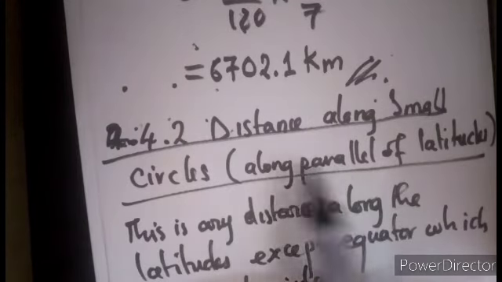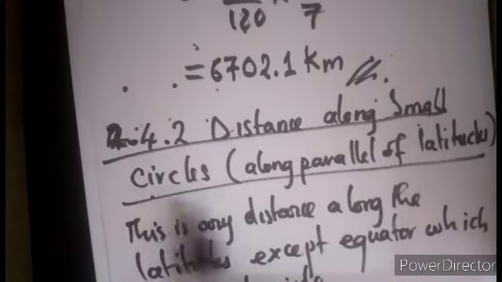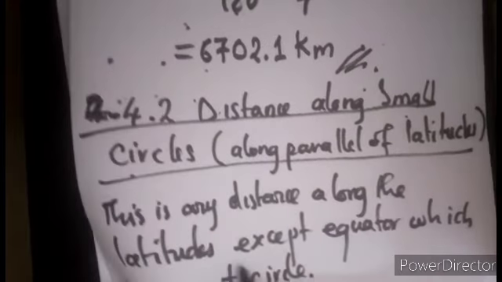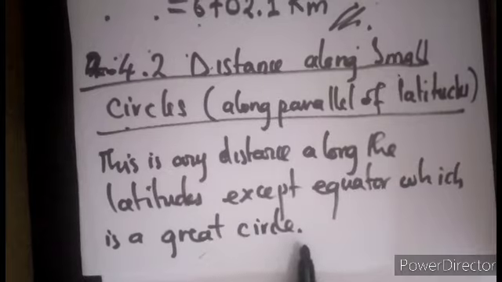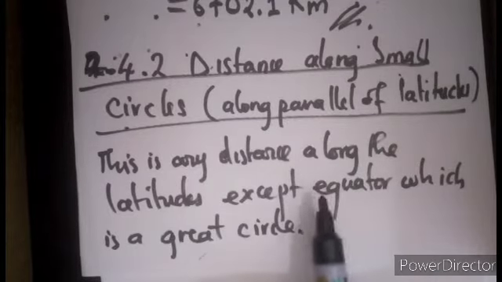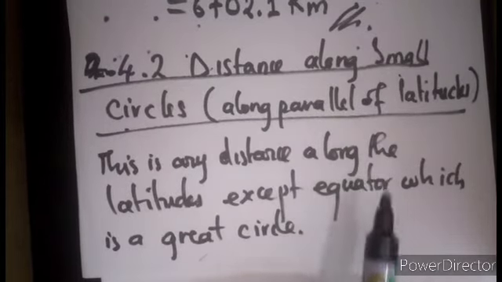Remember, we are looking at the distance along small circles, so we have nothing to do with great circles here, which is the equator. That's why we are excluding the equator.